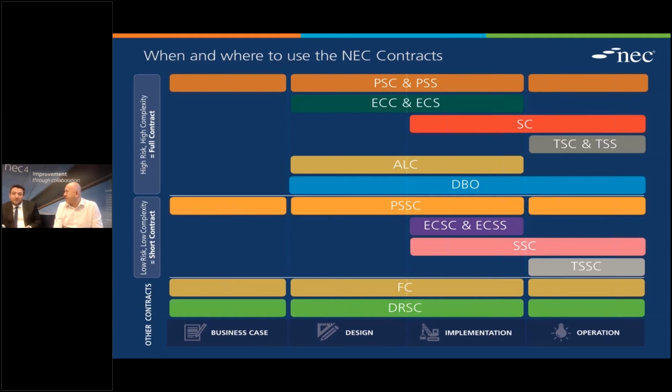Equally, we might use the shorter, so that could be the short version. We might use the full version for £500,000 of work, but actually it's a retrofit of some plants in a brownfield site or a building somewhere that lends itself to being a bit more complicated. So it's the dividing line, isn't it, between ECS and ECSS on there, and that's one of complexity.